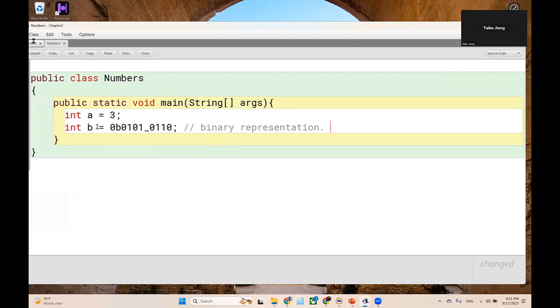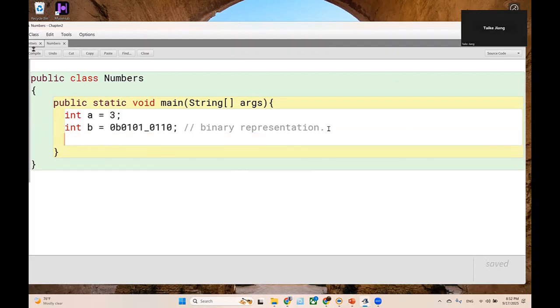You store this b as a number, it's binary, it's actually 0, 1, 0, 1, 0, 1, 1, 0. In the middle, you put an underline, that's fine. You can put the underline at any location. It's actually all okay. But usually we use three digits or 4 digits to make sure you understand it. So this is binary representation.